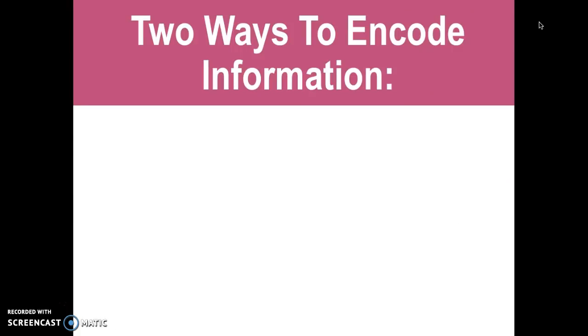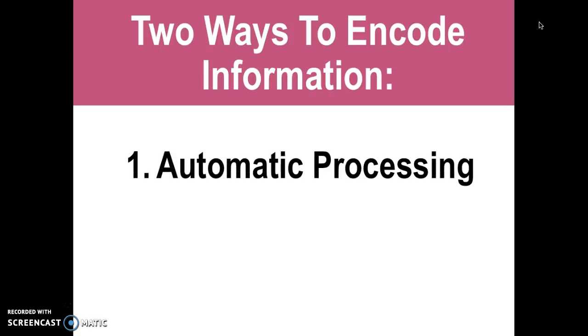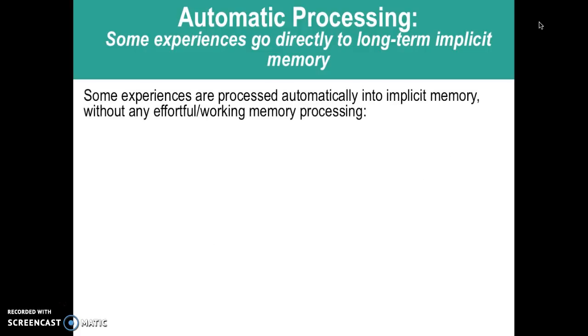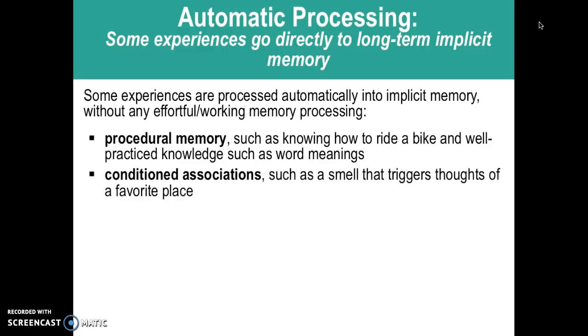So let's talk about, there are two ways to encode. We have automatic processing and we have effortful processing. All right, so automatic processing, these are things that are going to automatically be put into our long-term memory. These are your implicit memories, okay? So for instance, procedural memories, so knowing how to ride a bike.